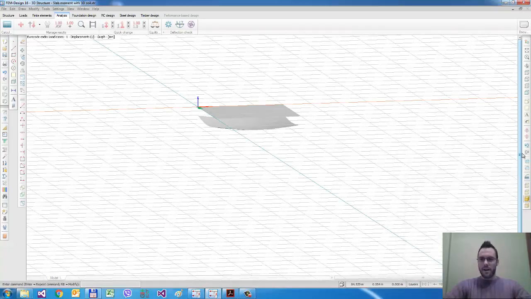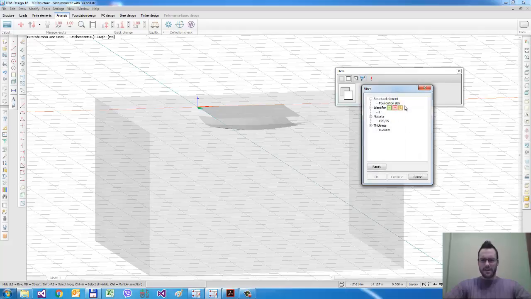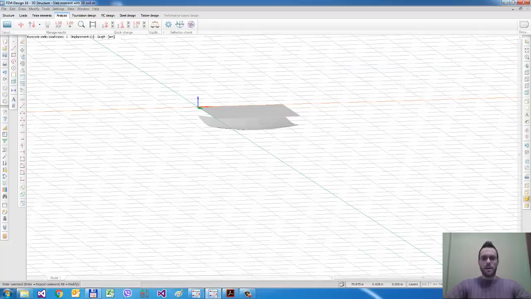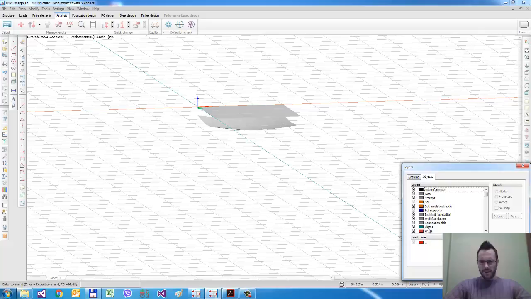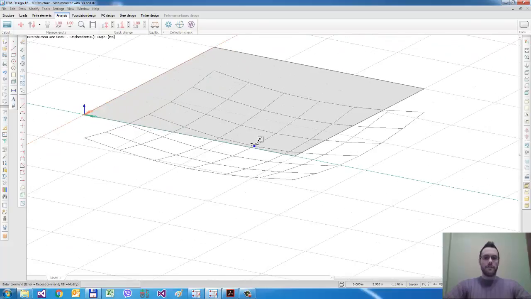of this plate, it shows us that the settlement profile is not constant at all, because in this case we get not just zero settlements, we get different settlements here. At the middle point of the slab it's 5.7 millimeters, and at the edges we have less settlement, almost 3 millimeters.